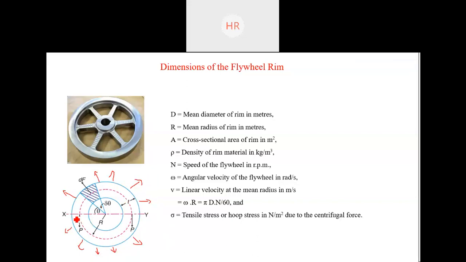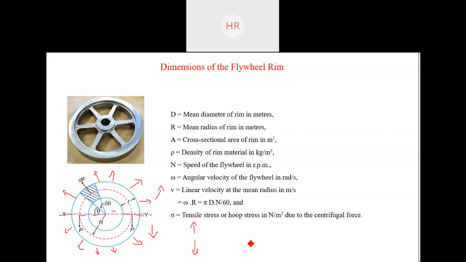Now if you see the section above this XY line, forces are in upward direction, and below that line, forces are in downward direction, or opposite direction. One is up and one is down. This is actually tensile force.